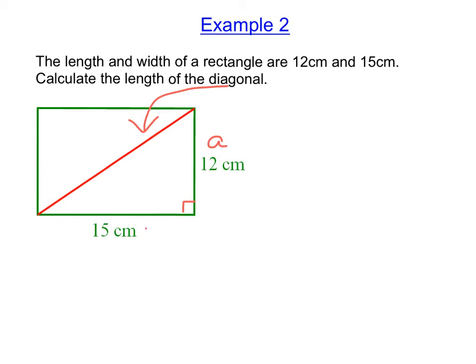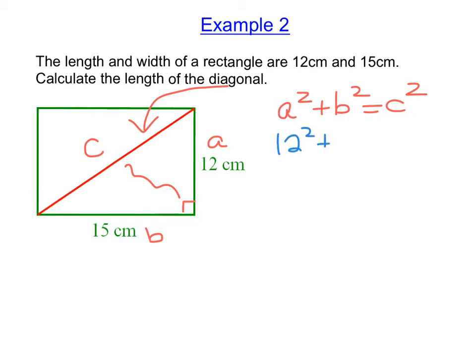These guys here are the legs, and because this is across from the right angle, this is my hypotenuse. So my formula: A squared plus B squared equals C squared. Now I'm going to substitute in my sides, so 12 squared plus 15 squared is equal to C squared.